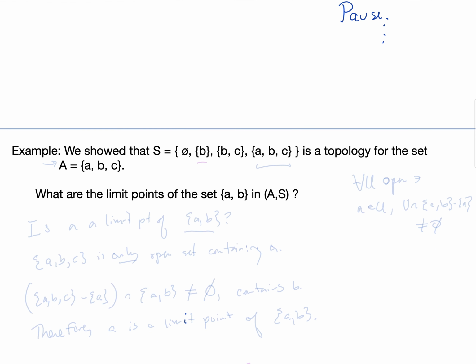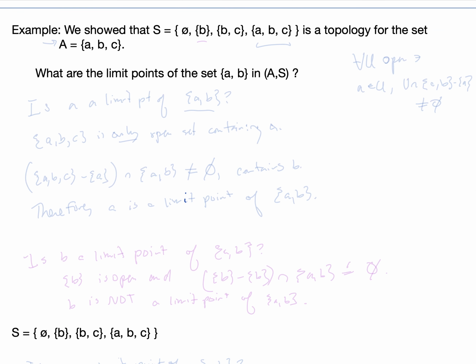Okay, so what are the limit points of the set {a, b}? Let's look at these one by one. So is a a limit point of the set {a, b}? Well, we have to look at each of the open sets containing a. We see that {a, b, c} is the only open set containing a.